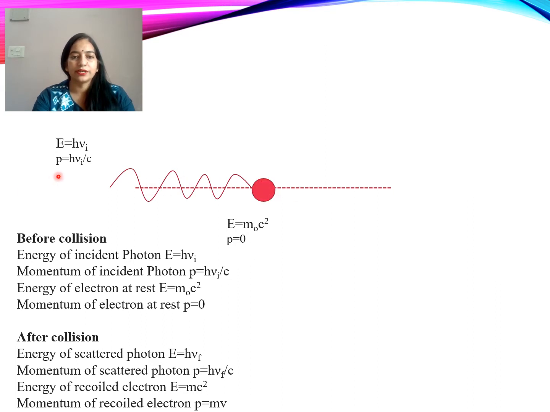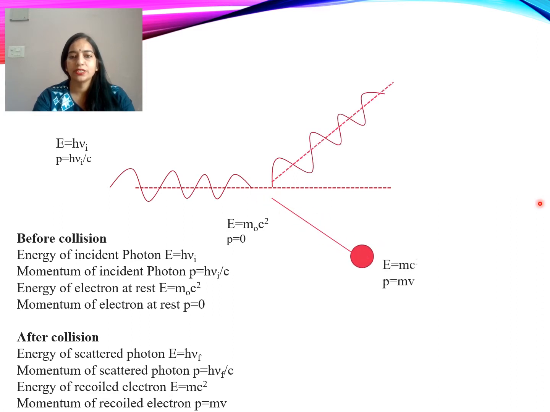And this is the condition of the photon: energy h nu I and p equals h nu I upon c. After collision, it gives some energy and the electron recoils in direction theta and the photon is scattered in direction phi. This is the condition after collision.